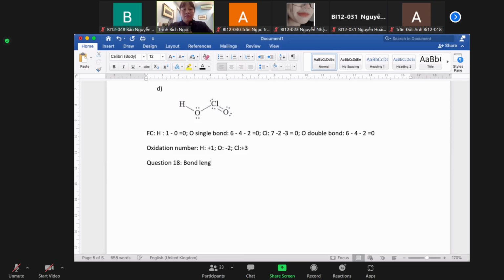CO with a triple bond. This is triple bond. Like this. This is for CO.